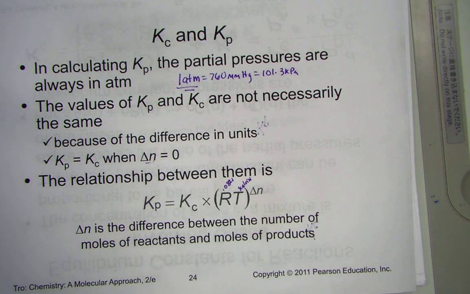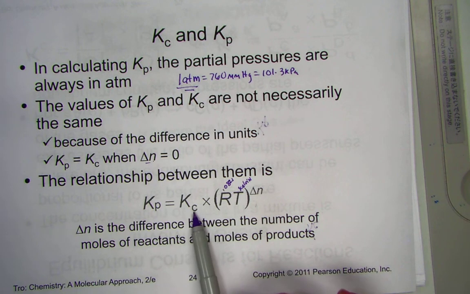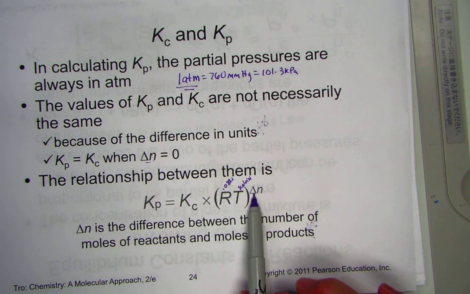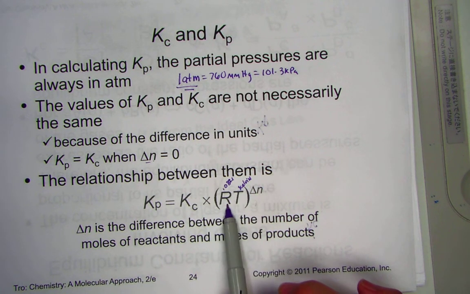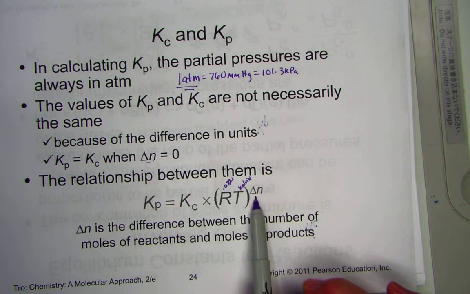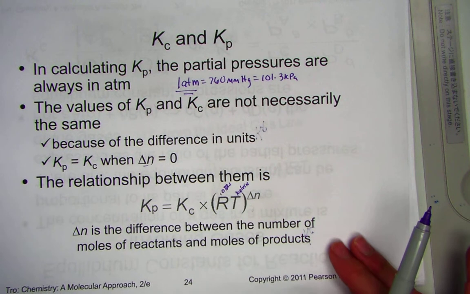Delta n is the difference between the number of gaseous moles of products and reactants. Kp is found by taking Kc times RT raised to the delta n. R is our gas constant we introduced back in our gas laws. T stands for the Kelvin temperature so that we have no negatives or 0. And delta n is the change in the number of moles from products and reactants. We're comparing the number of gaseous moles.